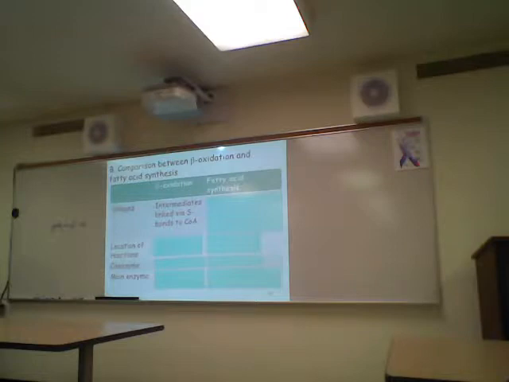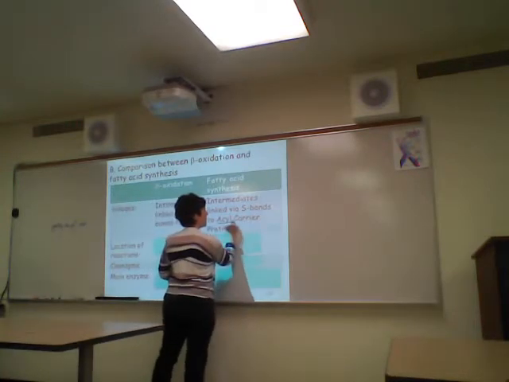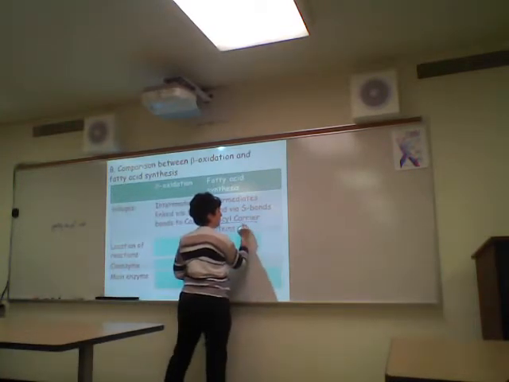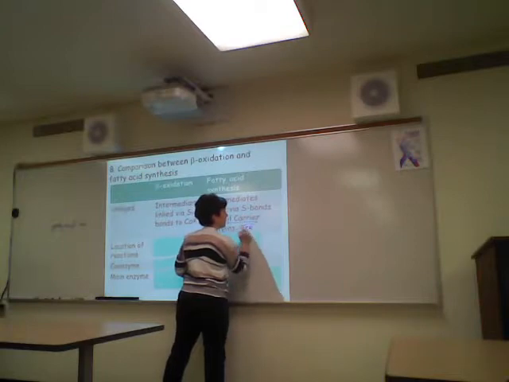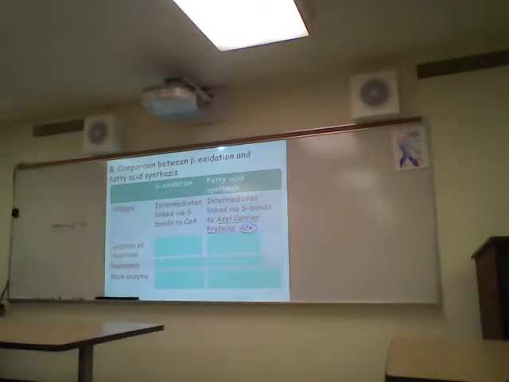But when we do our fatty acid synthesis, we're going to use something called acyl carrier proteins. We're just going to abbreviate them as ACP. In the next couple of slides, there'll be ACP on them.